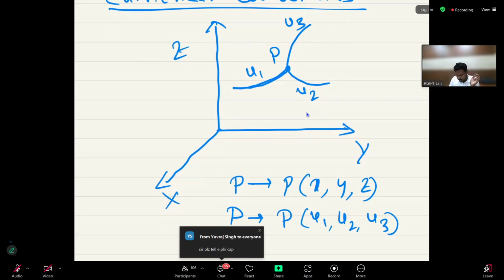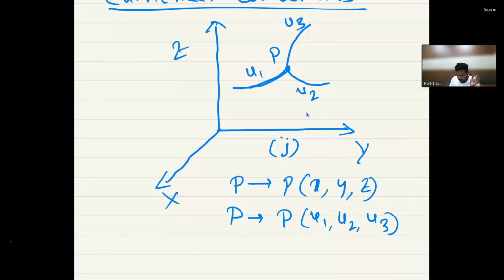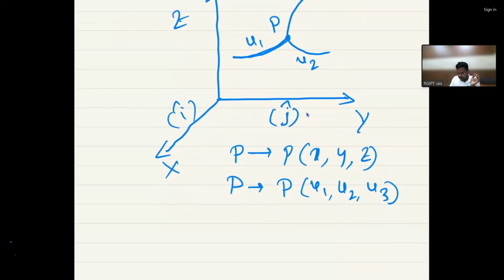Let's start with the Cartesian coordinate system. How do we define i cap along the x axis and j cap along the y axis? How do we define these unit vectors in the Cartesian system? i cap is basically del r by del x, divided by mod of del r by del x.